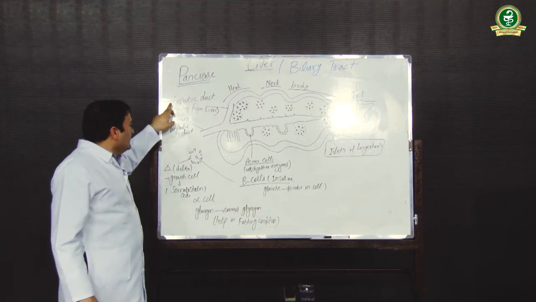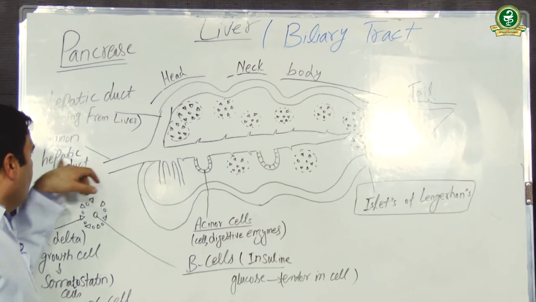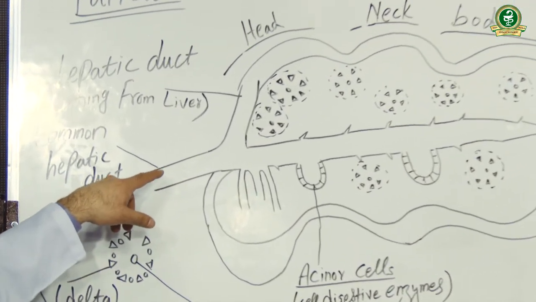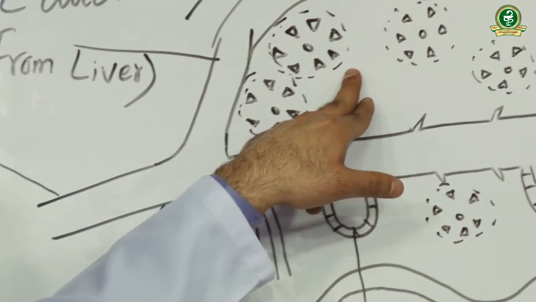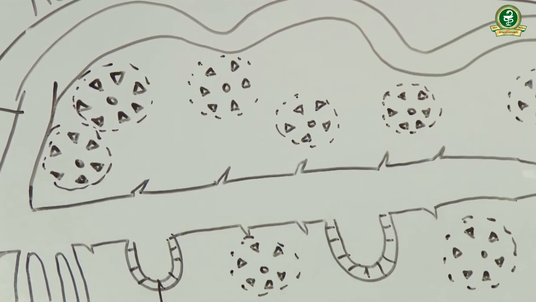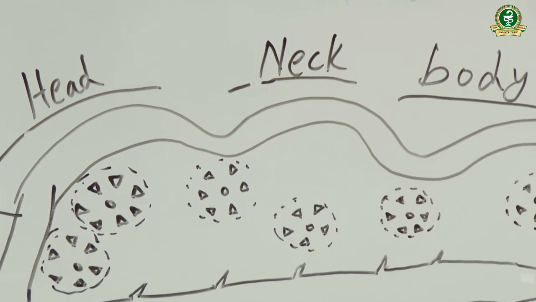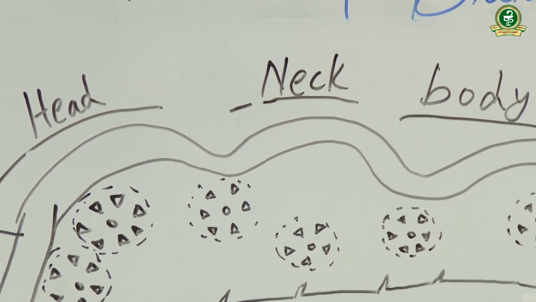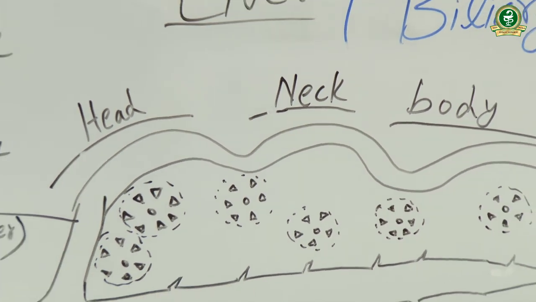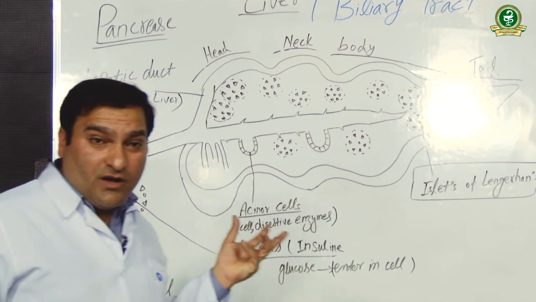In the starting part there is a hepatic duct coming from the liver, and also a common hepatic duct. Inside there are the islets of Langerhans, which have three types of cells. First, delta cells, meaning somatostatin cells, which produce growth hormones.